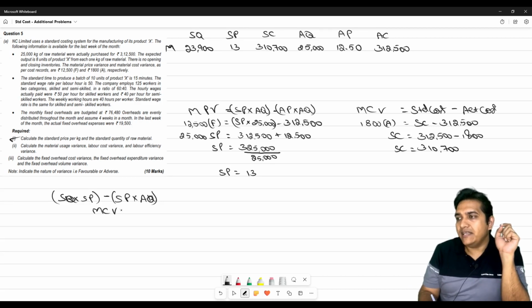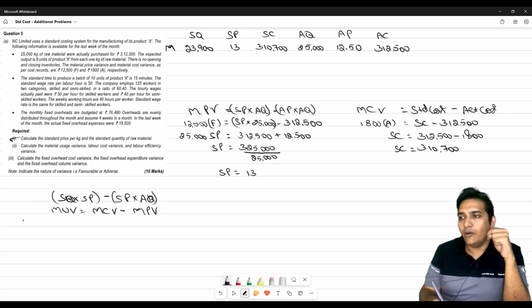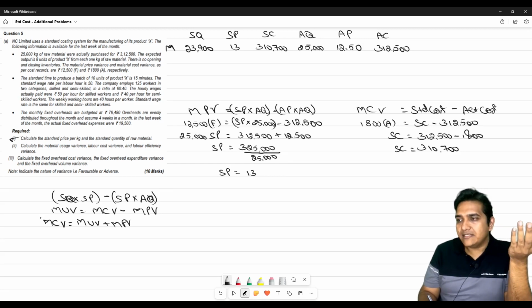So material usage variance is equal to this. How do we get the second formula? You must remember this formula: material cost variance is equal to material usage variance plus material price variance. So we are just writing this formula in a different way.